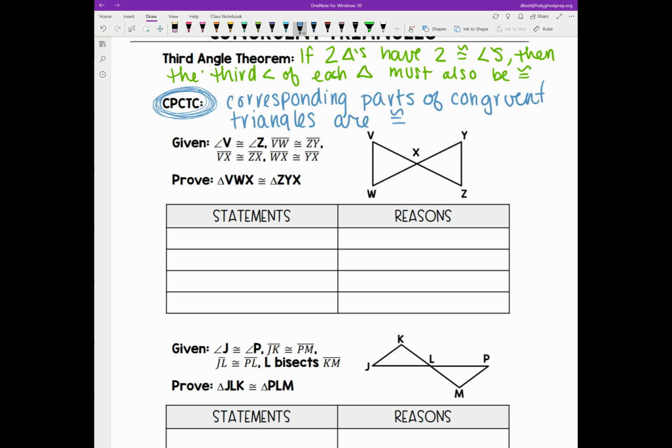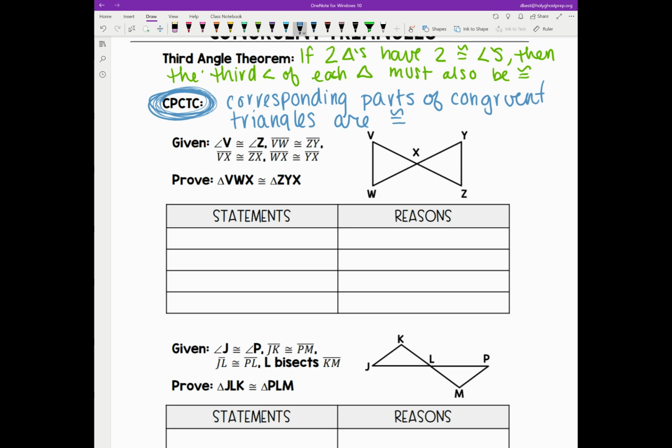This kind of comes from our definition of congruent polygons, but this is the abbreviation we'll use moving forward. What that's going to allow us to do is match together angles and sides in congruent figures.